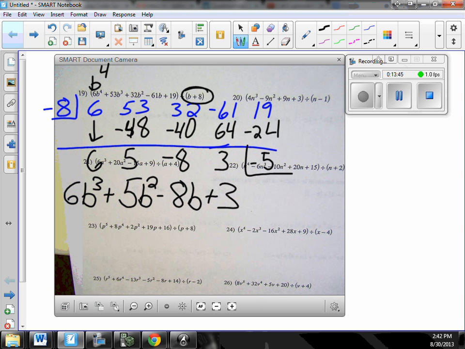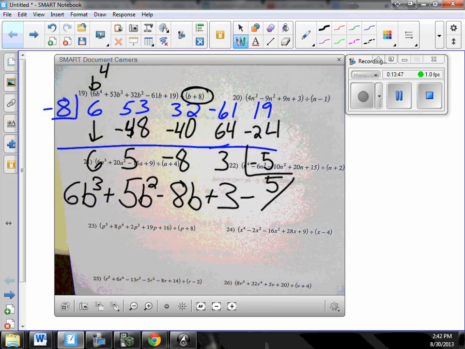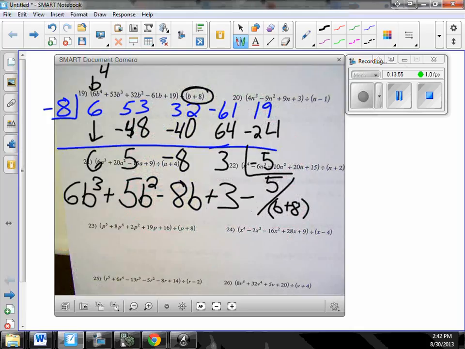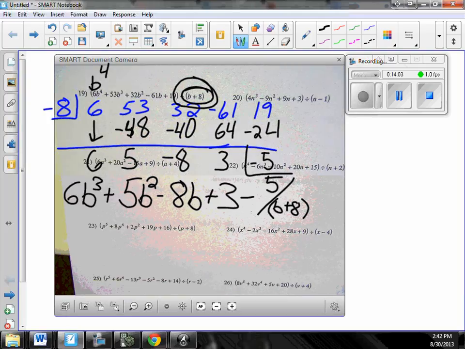So it's minus 5 over b plus 8, because that was my original divisor. And this is, in essence, a mixed number. The graphs of these two polynomials are exactly the same. So you might ask, why do we care? Wait for it. We'll get there later. We're just practicing synthetic division for now.